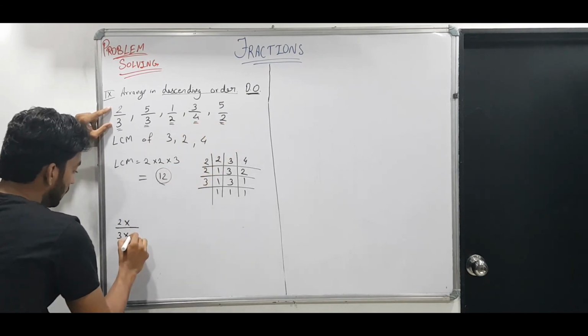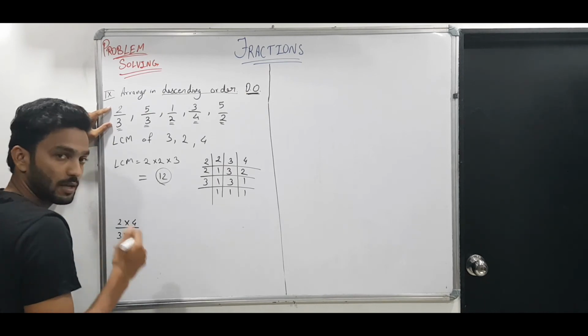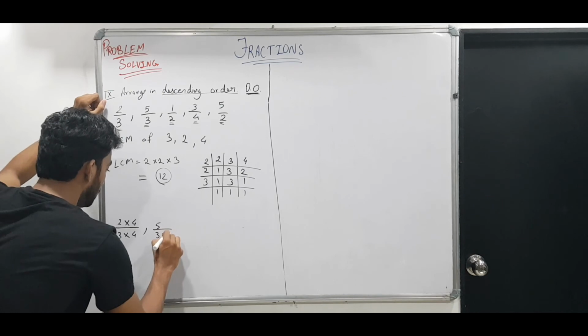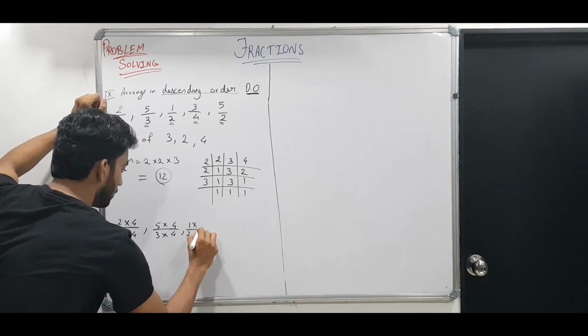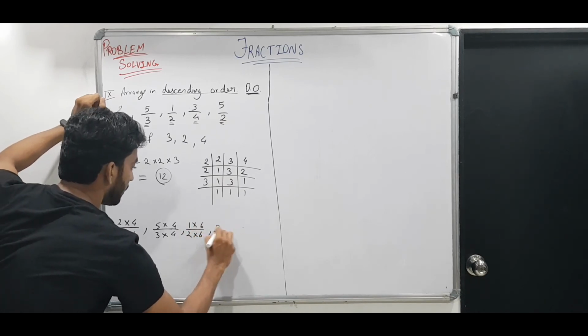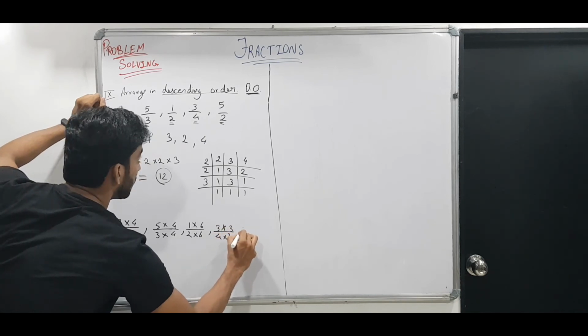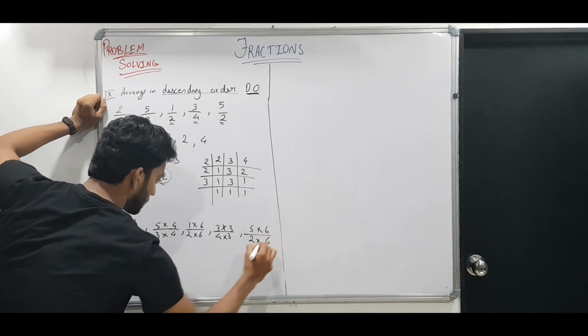So for that we will multiply 3 into 4 is 12. So numerator denominator same number से multiply होगा. Next 5 upon 3 into 4, 1 upon 2 into 6, 3 upon 4 into 3, and last fraction is 5 upon 2 into 6.